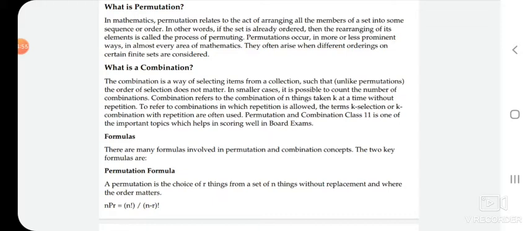There are many formulas involving permutation and combination concepts. The two key formulas are: permutation can be represented by nPr equal to n factorial divided by n minus r factorial. Permutation is the choice of r things from a set of n things without replacement.